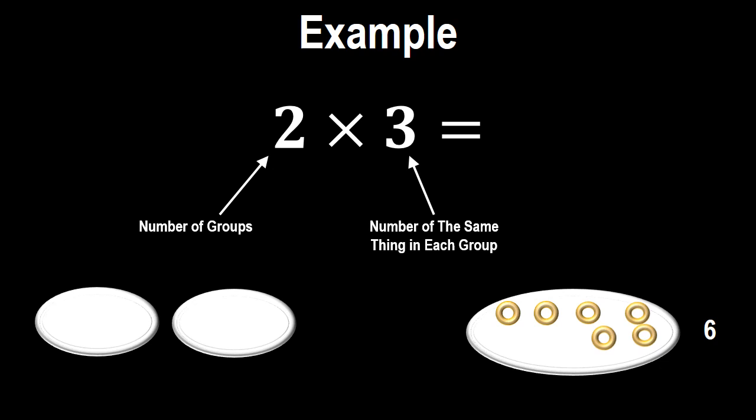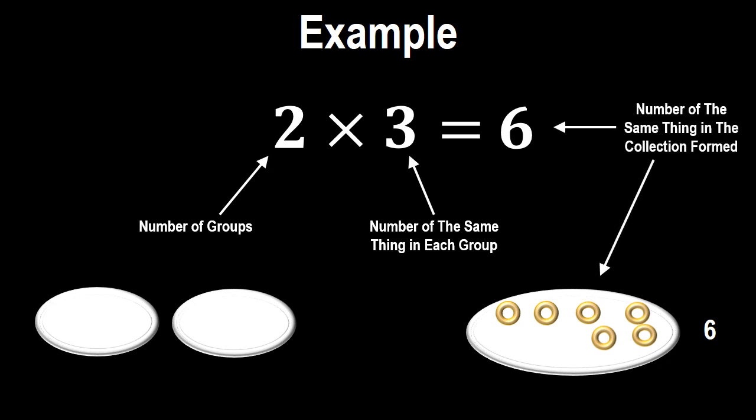So the answer to 2 multiplied by 3, or 2 times 3, is 6. And what is 6? 6 is the number of donuts that we collected altogether.